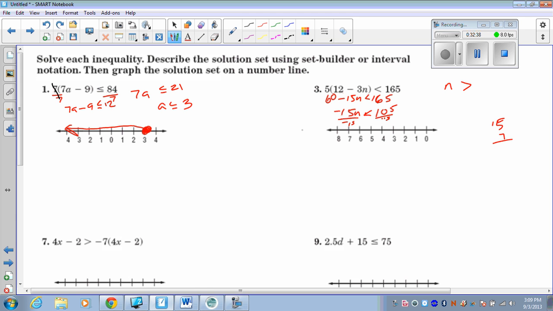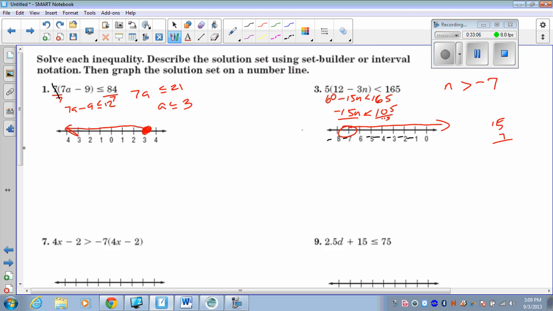So you end up with negative 7 over here. For some reason, the negatives didn't print off that well. These are all supposed to be negative. So if you're greater than negative 7, then you're from negative 7 with an open circle because it's not greater than or equal to, and you're going this way.